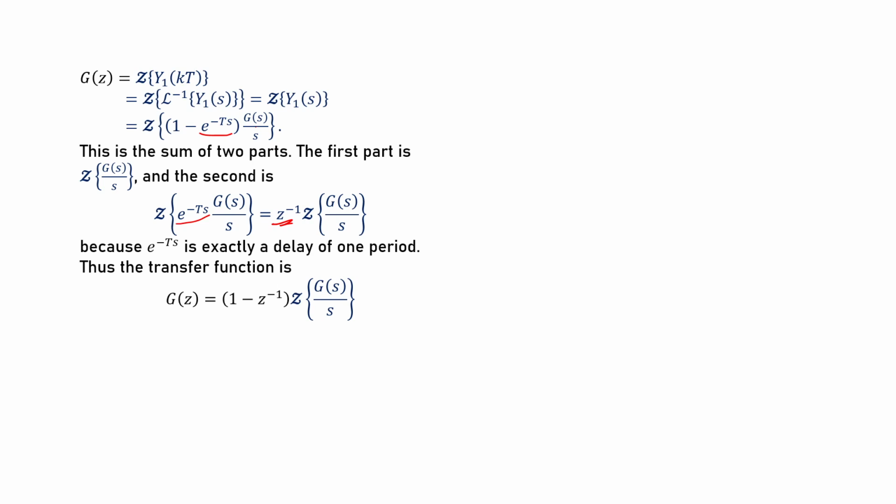Just a unit delay, and then the Z transform of this. If you know the exact G(s), then you can use tables, because tables already compute certain functions for us. We don't need to compute again.